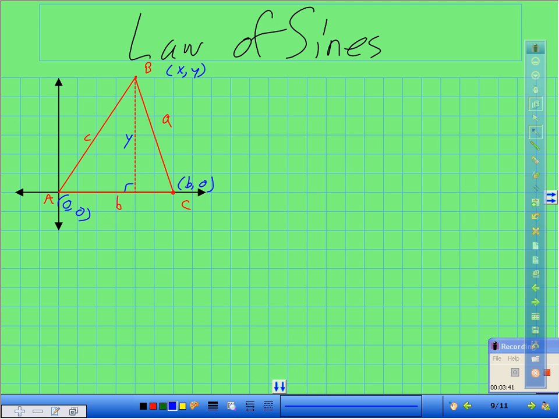Now, when we did the law of cosines, we went through and did this formula also. Now, this is a lot easier. If I wanted to talk about the sine of A, I know that's just opposite over hypotenuse, so y over c.